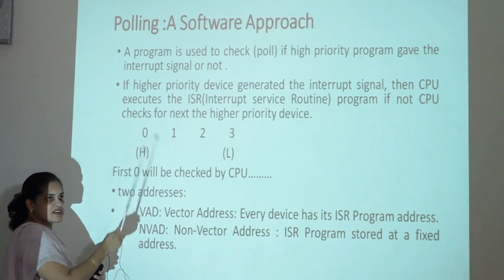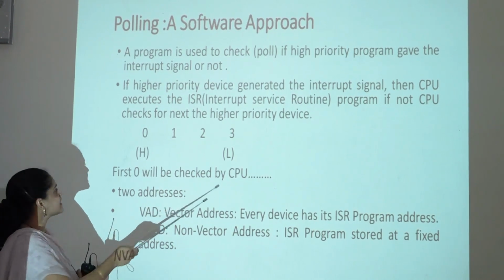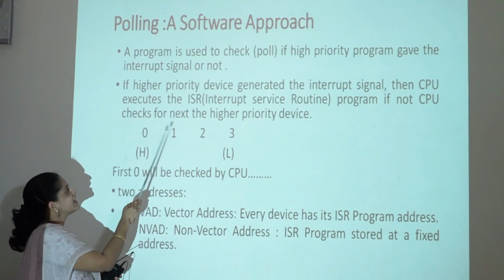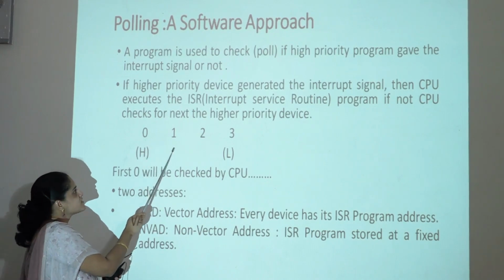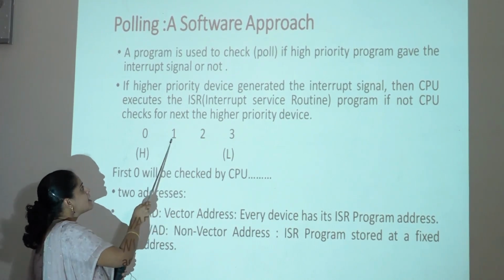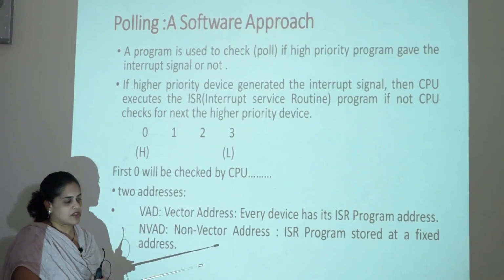For example, consider 1 and 2 have generated the interrupts. In that case the CPU will first check that 0 has not generated the interrupt, then it will check 1. Since this is the next high priority device, the interrupt service routine of this particular device will be serviced, and then it will move on with the next high priority device.